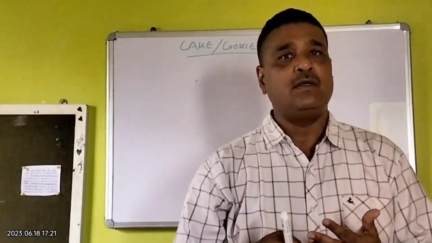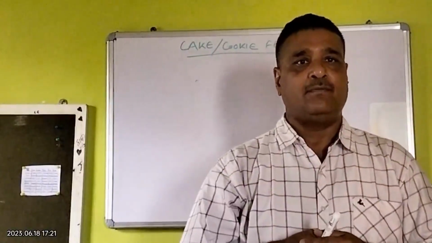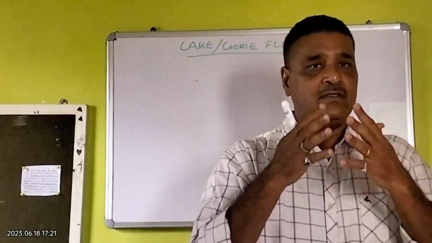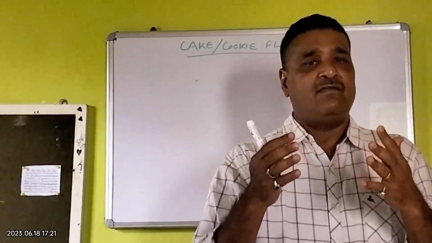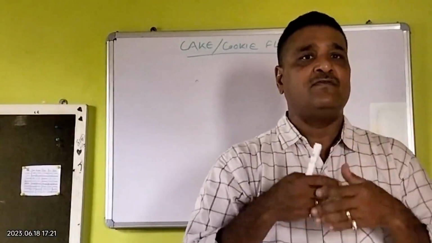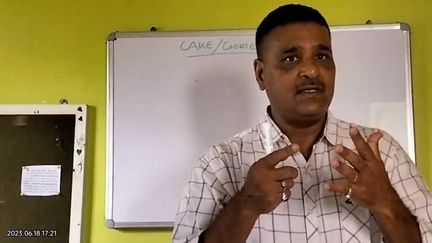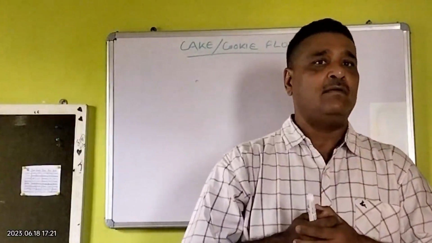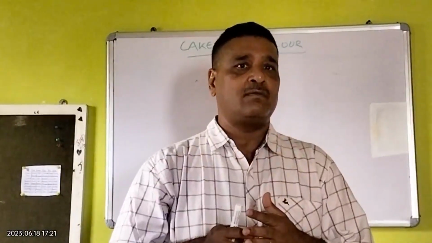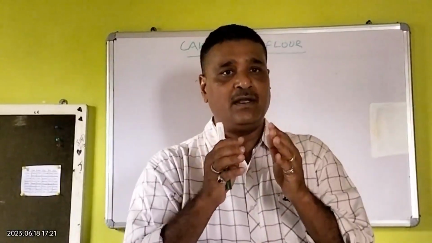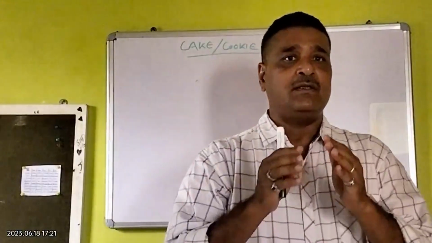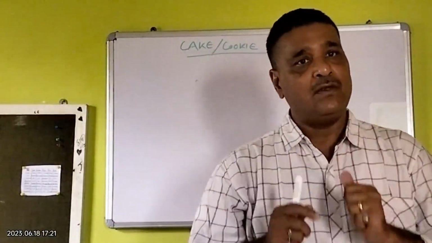Or more important is the quality of the protein. That means the gluten formation. When flour touches water, the protein activates to form gluten, and it is the gluten strength which is required in bread. But in contrast, when we are working with cake, the quality of the gluten is not required so much. That means the gluten percentage has to be low.